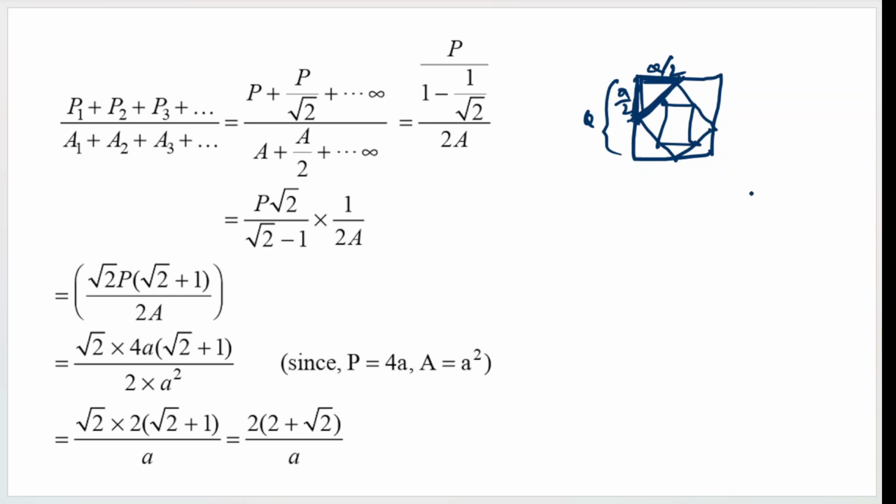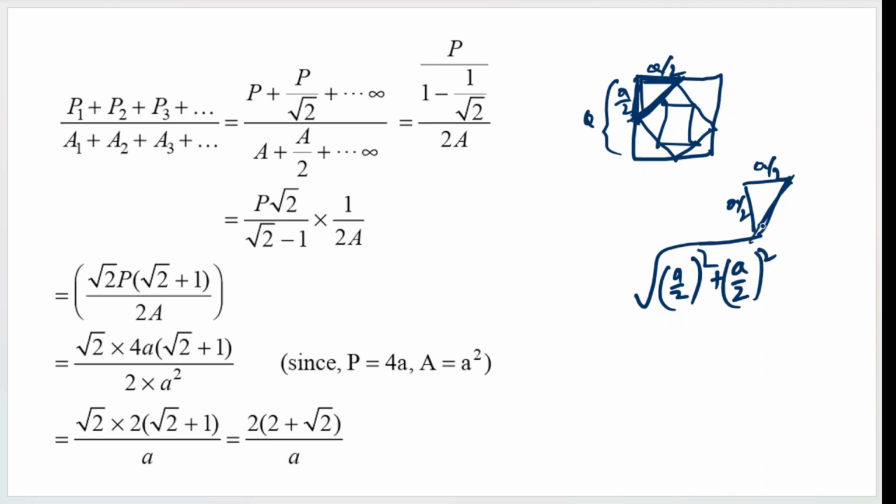So if this is A by 2 and this is another A by 2, what is this part? It is under root A by 2 square plus A by 2 square, because this is the hypotenuse and we are just using Pythagoras theorem.